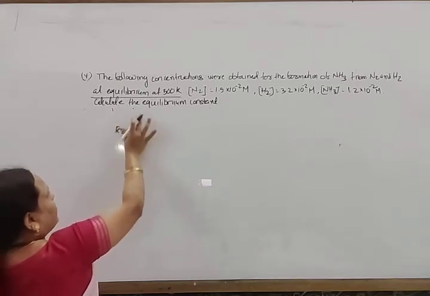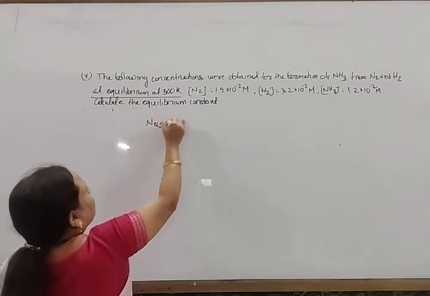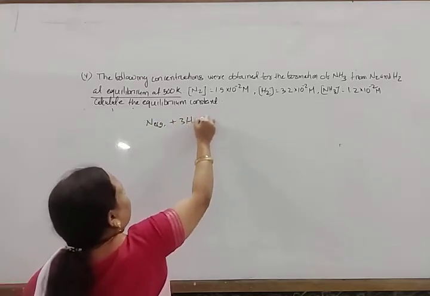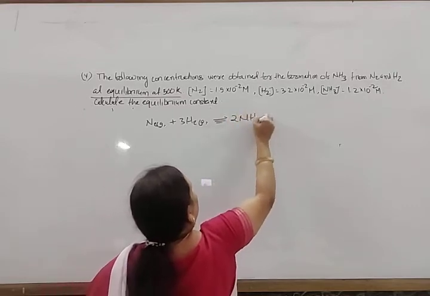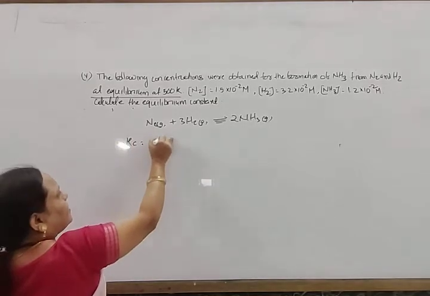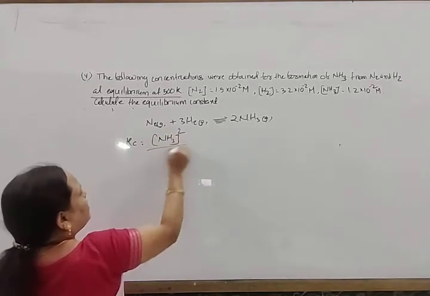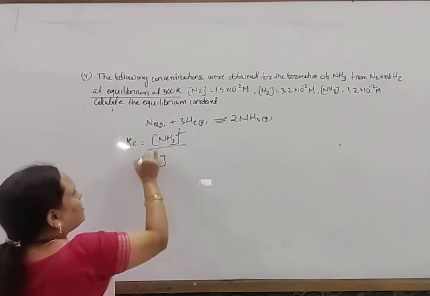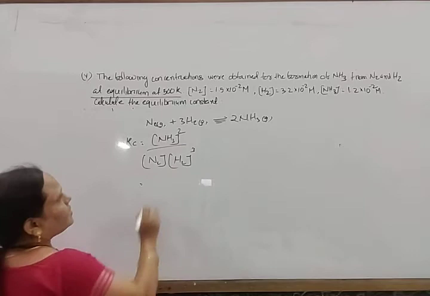First write down the equation: N2 plus 3H2 give rise to 2NH3 gas. Then what is the value of Kc? NH3 concentration squared by N2 concentration times H2 concentration to the power 3.